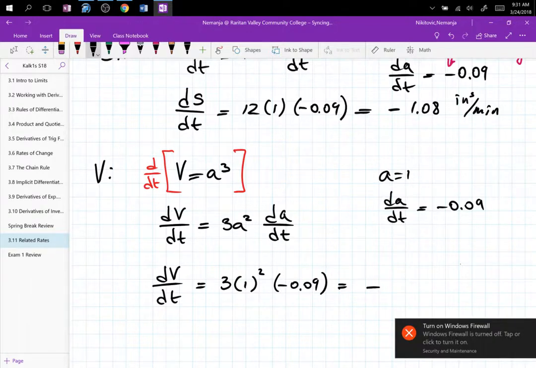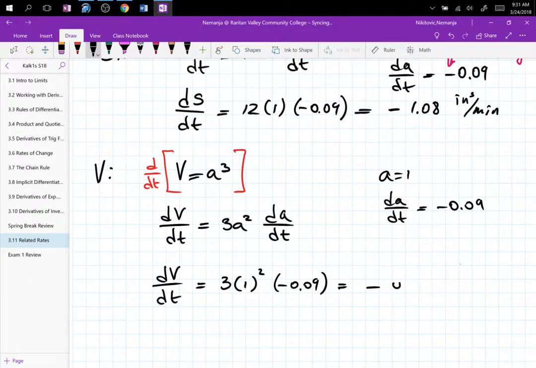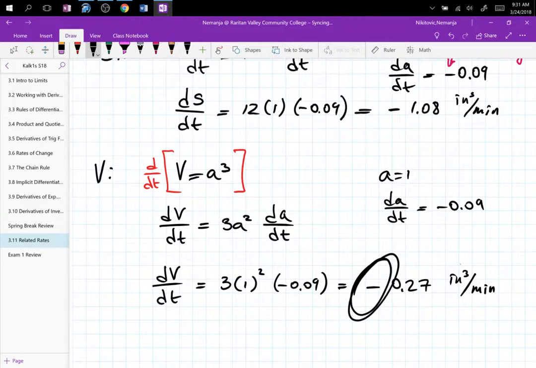Well, that's negative 0.27 inches cubed per minute. So you see the negative over here, which means the volume is decreasing, and yeah, it makes sense. It should be decreasing. Ice cube is melting.